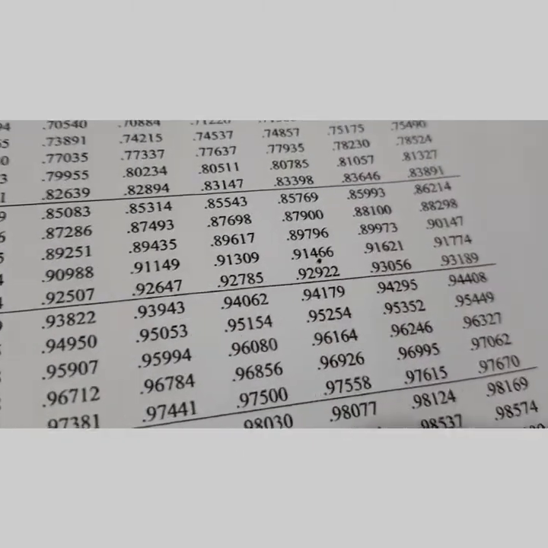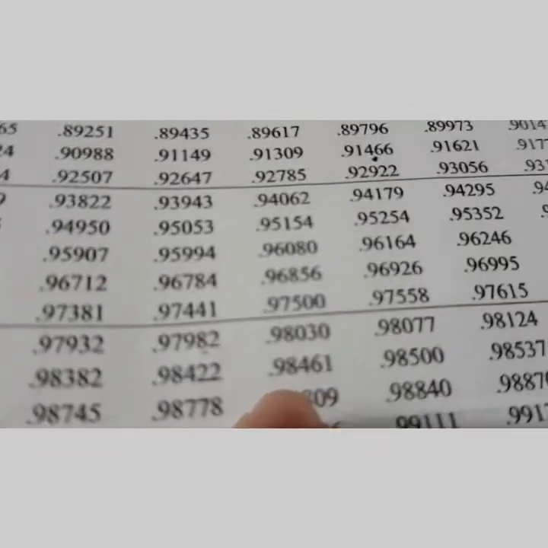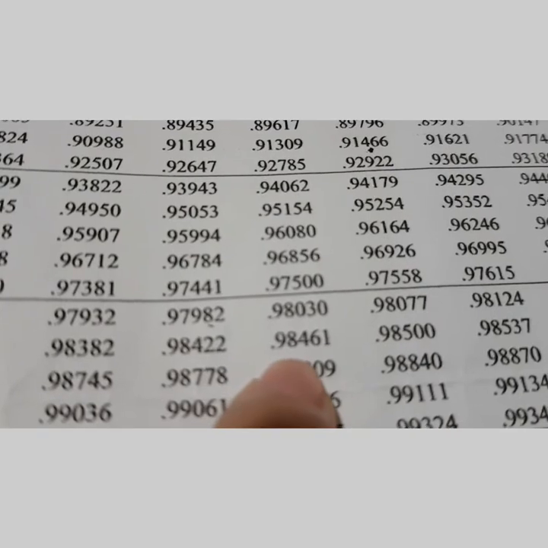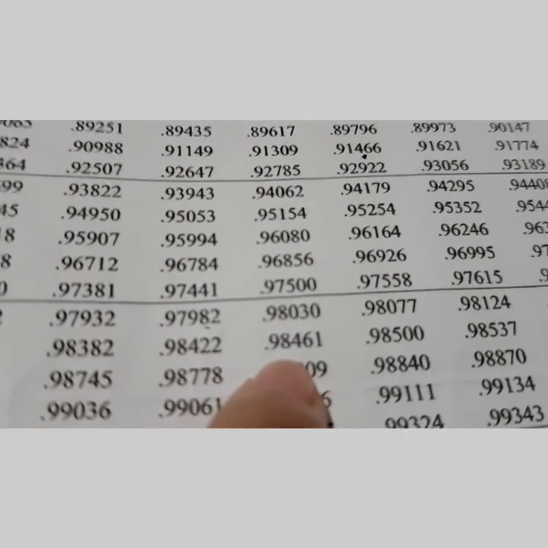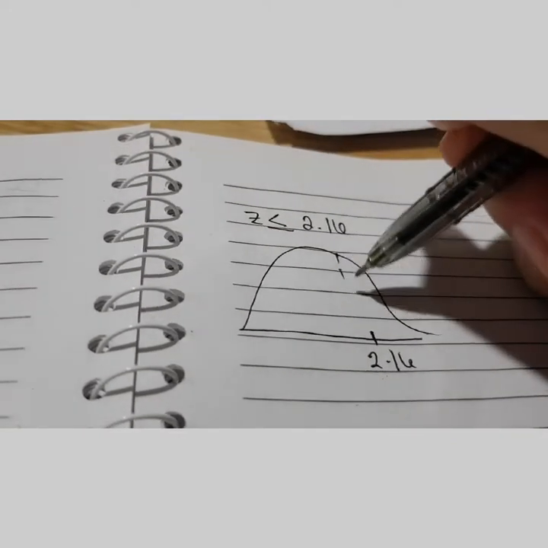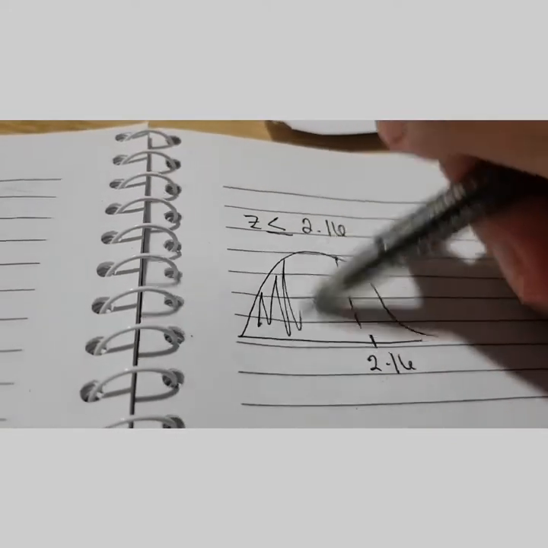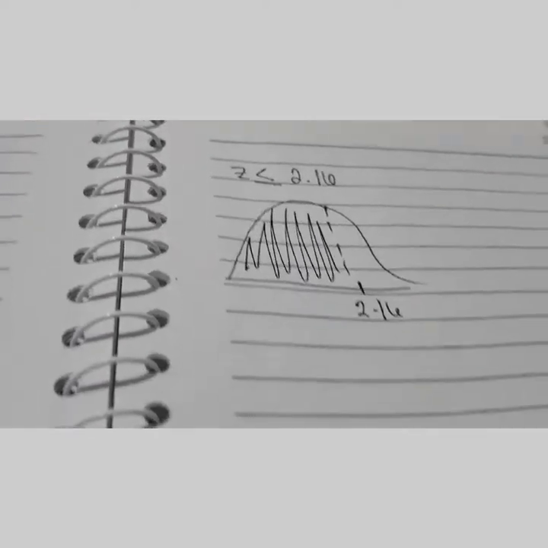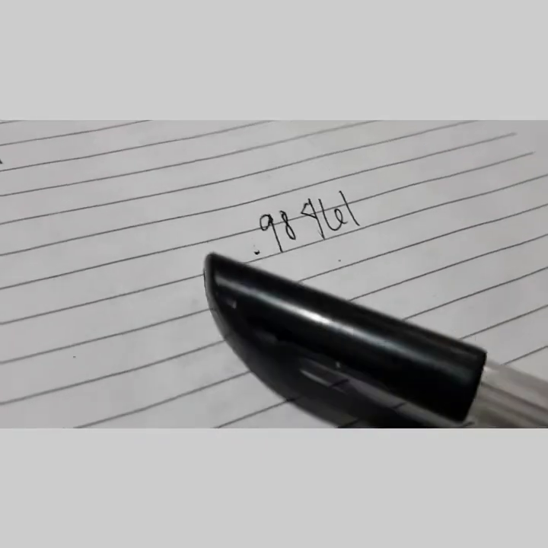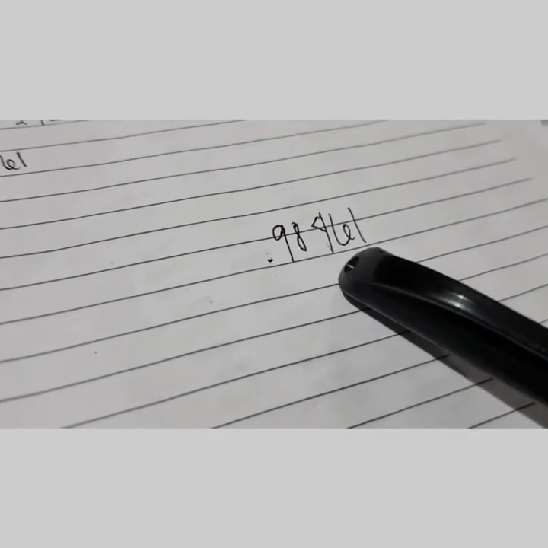So, magiging table is 0.98461. Ang i-shade natin is the left part. 2.16 sa Z table is 0.98461.